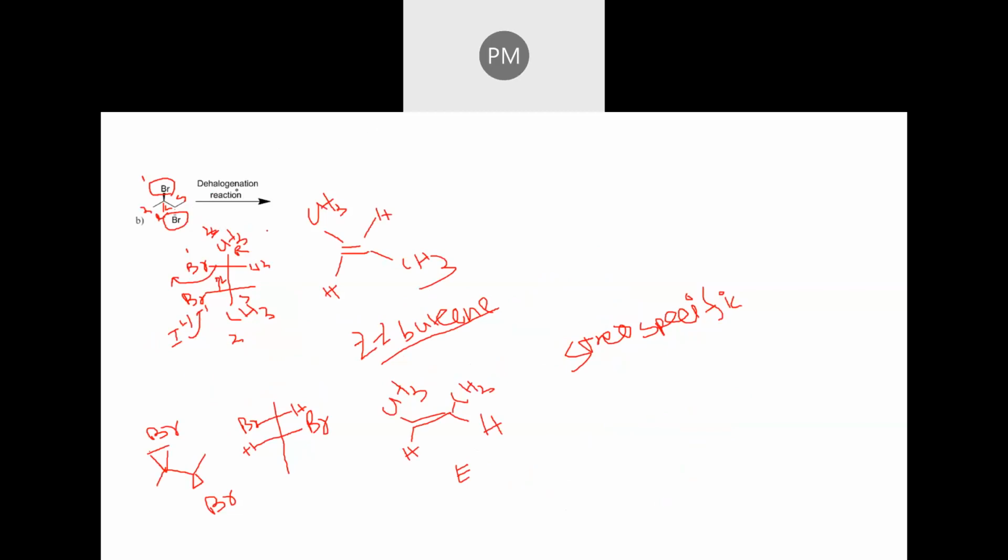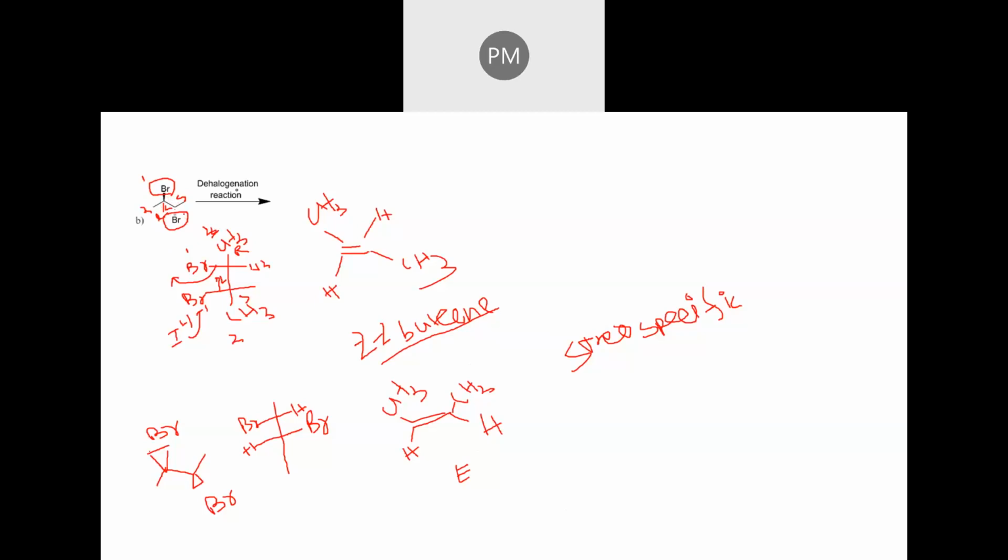This will be the dehalogenation reaction. So we have to remove that Br. Any electrophile will abstract this bromide, and this single electron comes here, and this bromide is also removed.